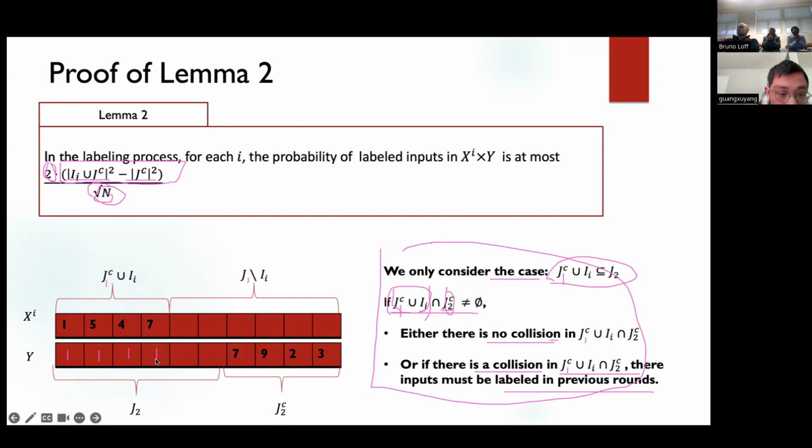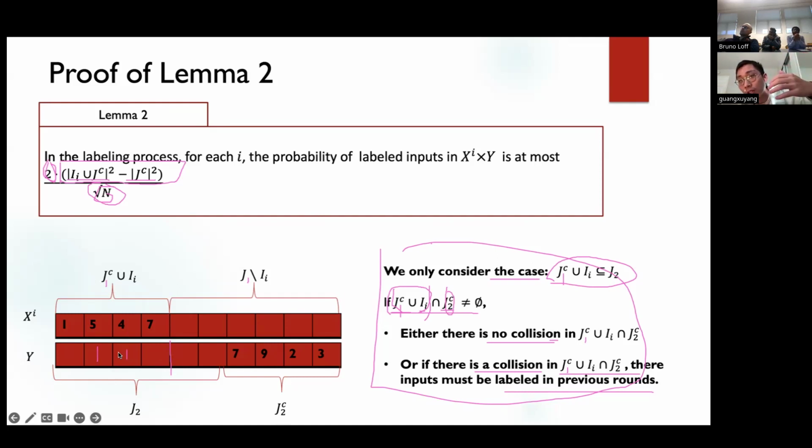This is also fixed. This is the worst case. But I want to argue that in this case, it must have been labeled before, since you can label in a private round anytime you fix Bob's side. So if there is a condition in this fixed part, then it must be labeled in a private round.